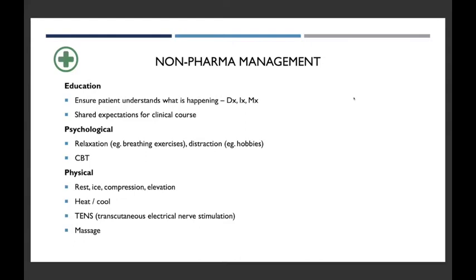Are you expecting complete resolution, or are you expecting it to just dull down the level of pain that they have to a comfortable level? There's also the psychological aspects, relaxation therapy, distraction therapy. If they're distracted, they're a lot less likely to feel pain, and also physical, so the rest, ice, compression, elevation management.